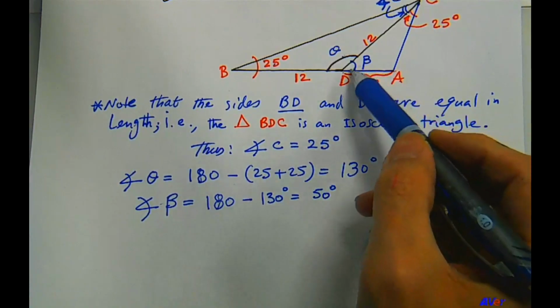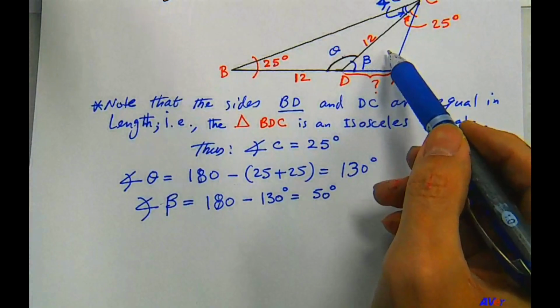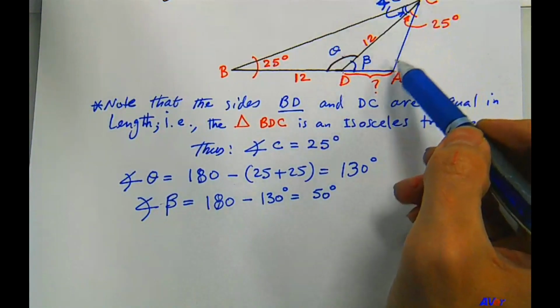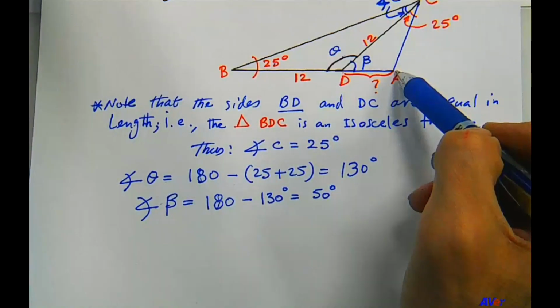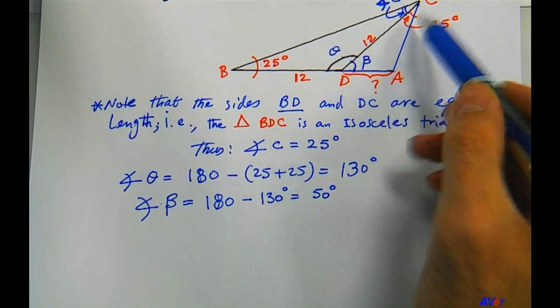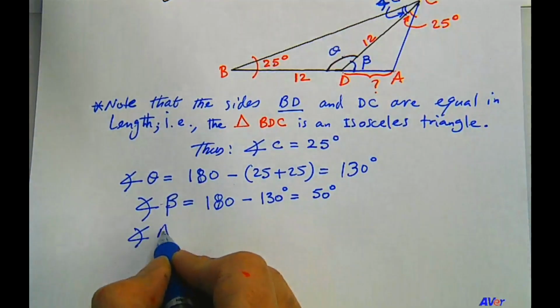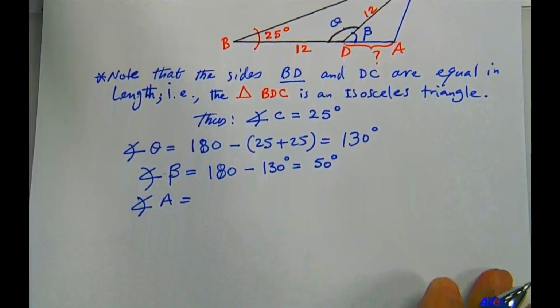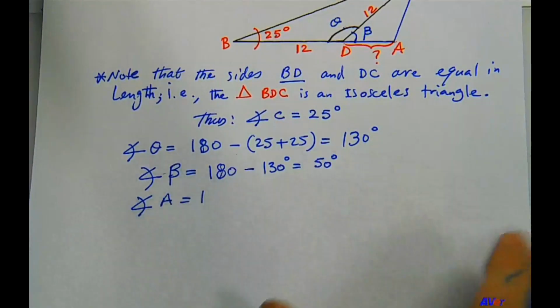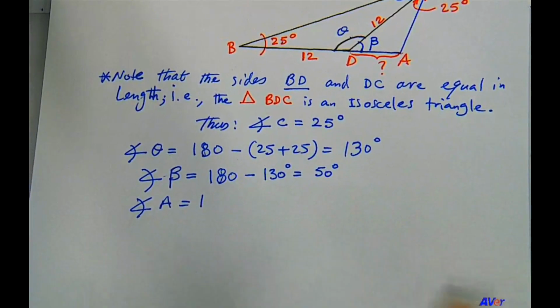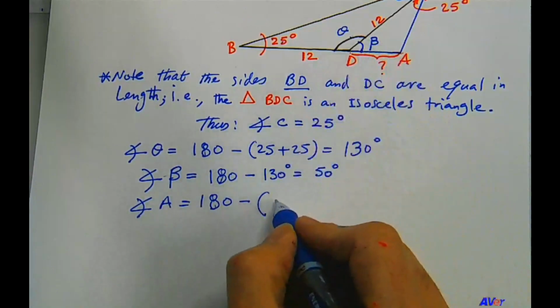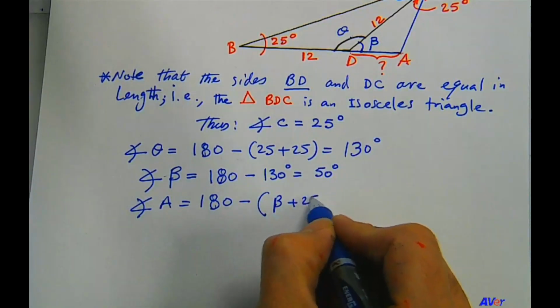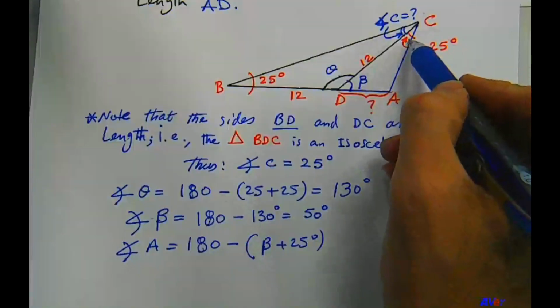Now, if we know beta, now we can calculate angle A, right? So angle A is 180 degrees minus beta plus 25. It's right in that corner.